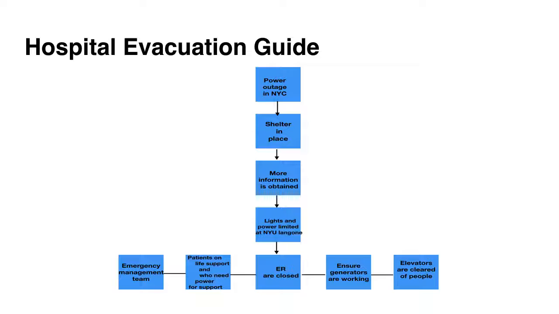Therefore, the emergency rooms are closed. It's ensured that the generators are working, the elevators are cleared of people, and the priority is given to patients on life support and who need power for support. And in all this, the emergency management team plays a very important role.